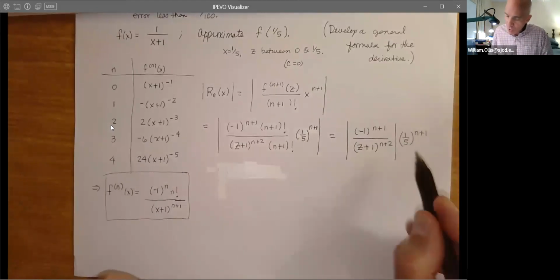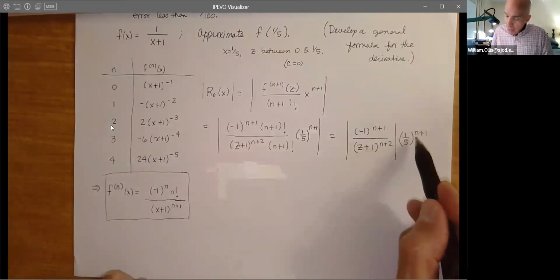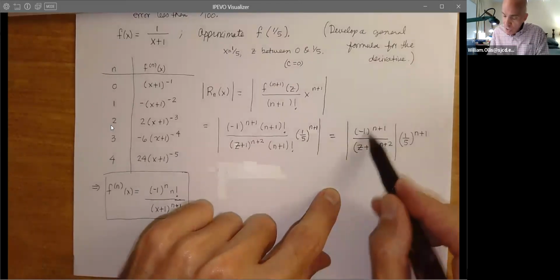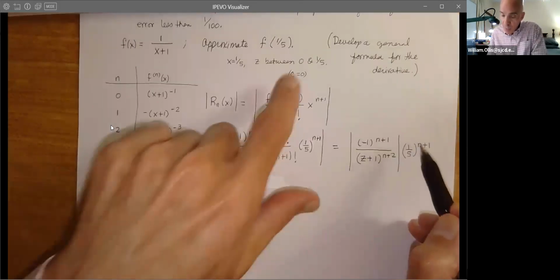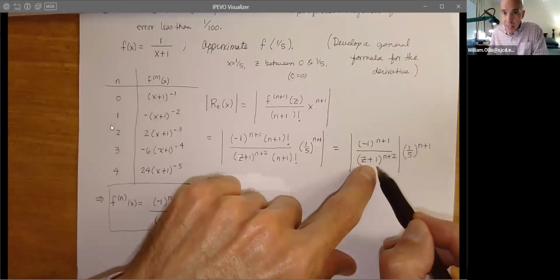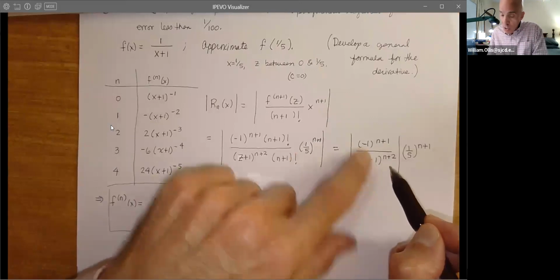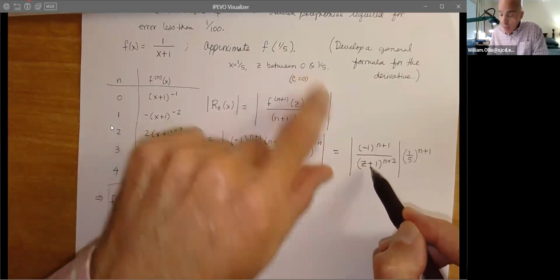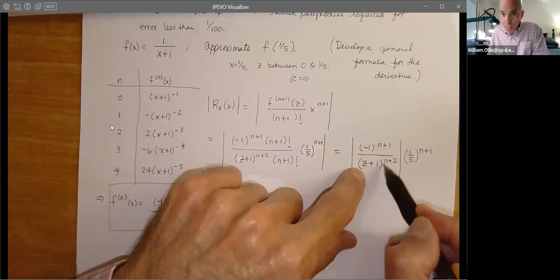Now, this is where we see that everything goes away, because this will just be an upper bound. That is, z is between 0 and 1/5. And so what we can do here is make this as small as possible. So we're going to move this to be the 0. If we replace this with the smallest value of z that it could be, then this will be the largest that it can be.